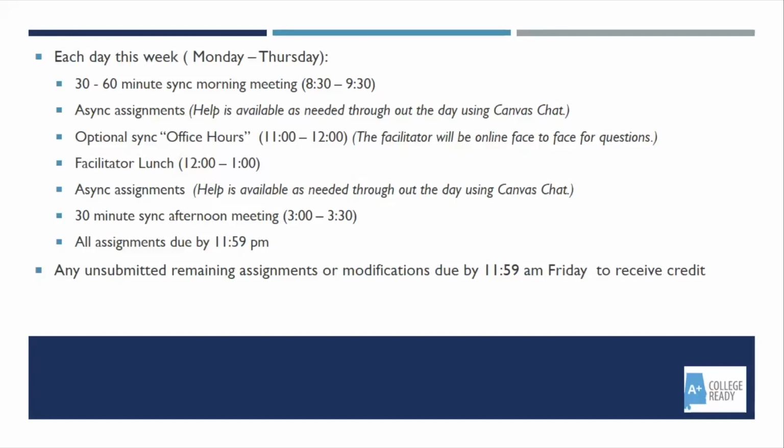Facilitators will have lunch from 12 to 1, so that might be a great time for you to have your lunch as well. I know if you are a first wave lunch teacher, that might be a little late for you, but that's okay. You'll come back after lunch for some more breakout room assignments, and then we'll meet all together at the end of the day to debrief and discuss any next steps.